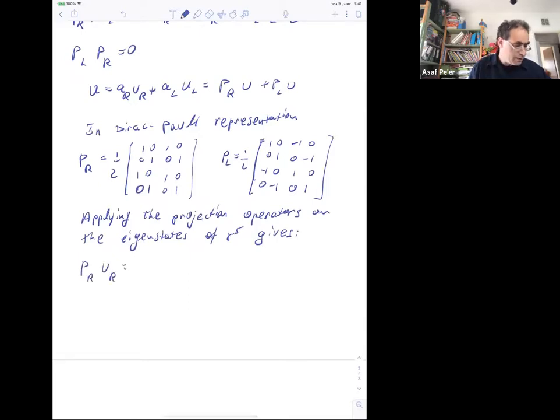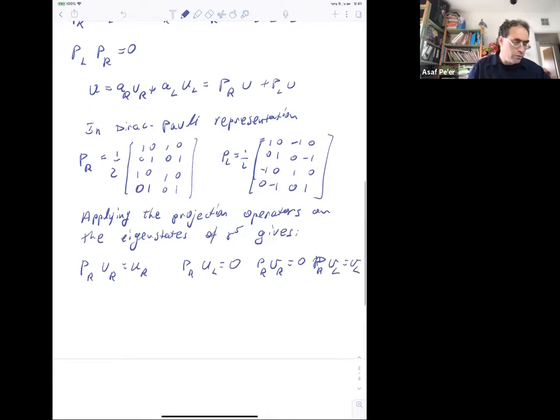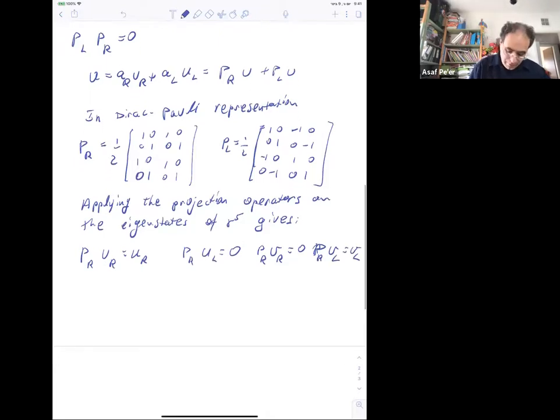You can guess the answer, right? It's just U_R. P_R U_L is just 0, and then P_R V_R is 0, and P_R V_L is V_L. Of course, the same would be for L.